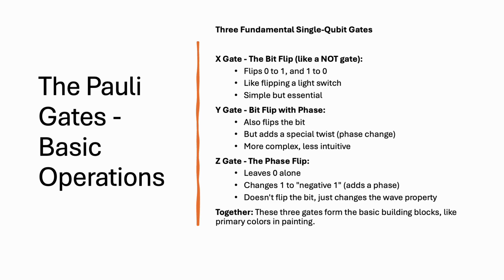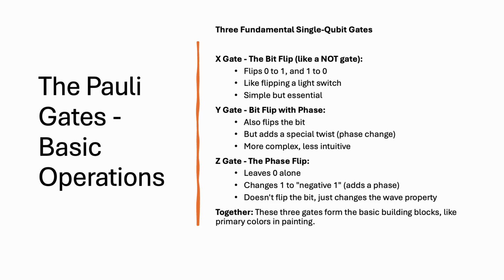It does exactly what you would expect. It flips a qubit from state 0 to state 1 and from state 1 to state 0. If you apply the X gate to a qubit in superposition, it swaps the 0 and 1 components. On the Bloch sphere, this is a 180 degree rotation around the horizontal x-axis.